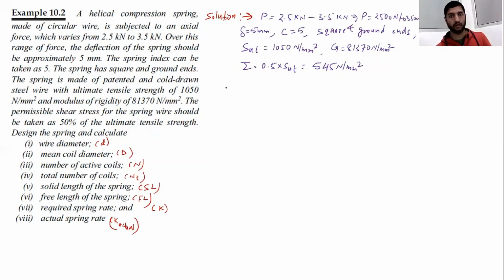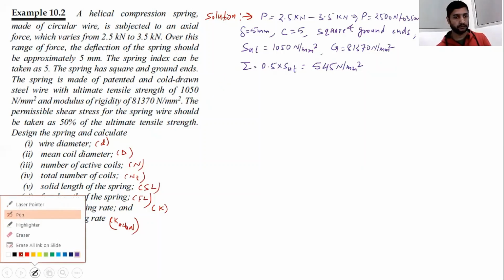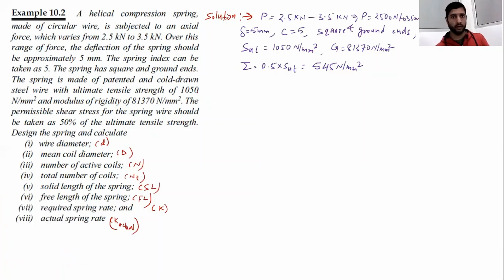Okay, so now let us try to find out each and every value. The procedure will remain the same, just like we have solved the previous question, उसी तरह से करना है हमने. It means first आपको निकालना है wire diameter, and in order to find out the wire diameter we have to use load stress equation.